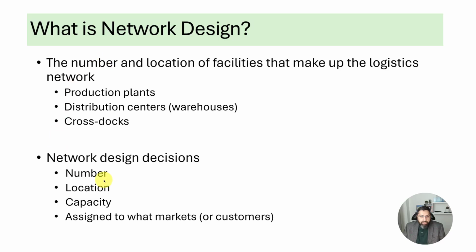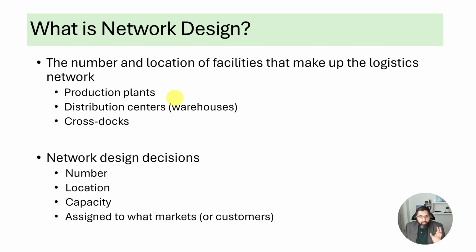Now, when we are trying to find the optimal logistics network with regard to some objective like minimizing cost or maximizing profit, it's not always that we consider the entire supply chain. Let's say our production is in some other country and we bring the finished goods into the United States, and we are concerned with distributing the goods in the United States.